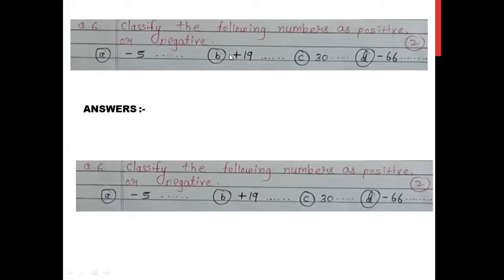This sign is called plus sign. If the numbers have the sign, then you can classify them as positive or negative numbers. Clear? Already you learned, I am just reversing this one.